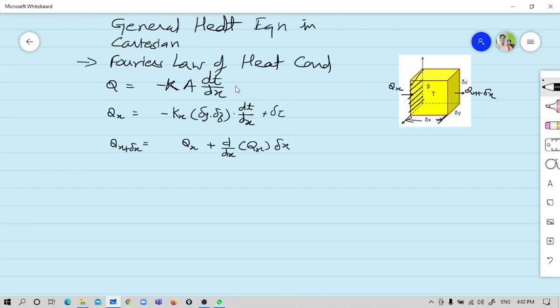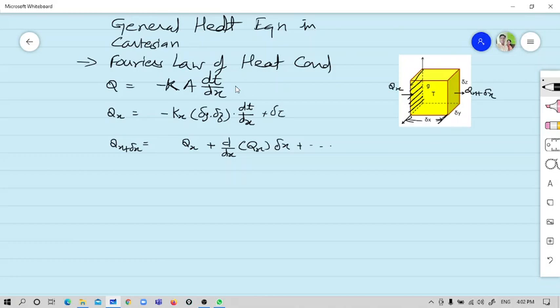You will have other terms also, but we'll be ignoring these higher order terms because they have a very small value. Okay. So ignoring these higher order terms, qx plus delta x will be equal to qx plus d by dx of qx into delta x. Actually, d by dx should be written as partial derivative, del by del x. The reason is we have heat transfer in three different directions.